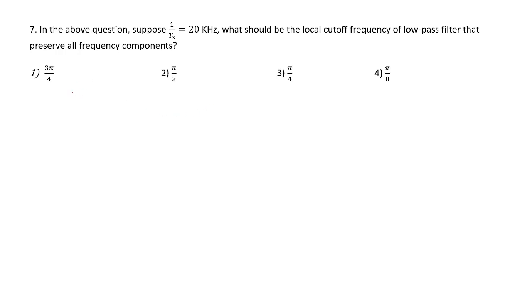This time the sampling frequency is 20 kilohertz. That is, if you write the sampling frequency fs in terms of the sampling period Ts, it is 20 kilohertz. It asks what should be the cutoff frequency of the low pass filter that preserves all frequency components.